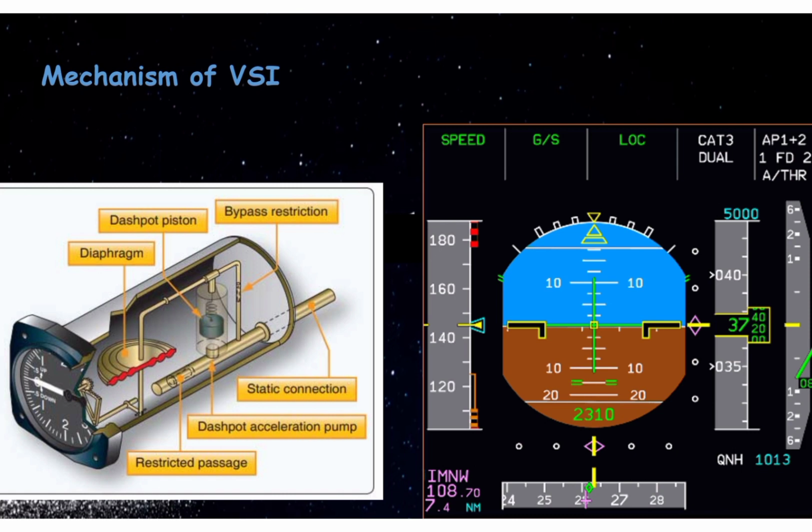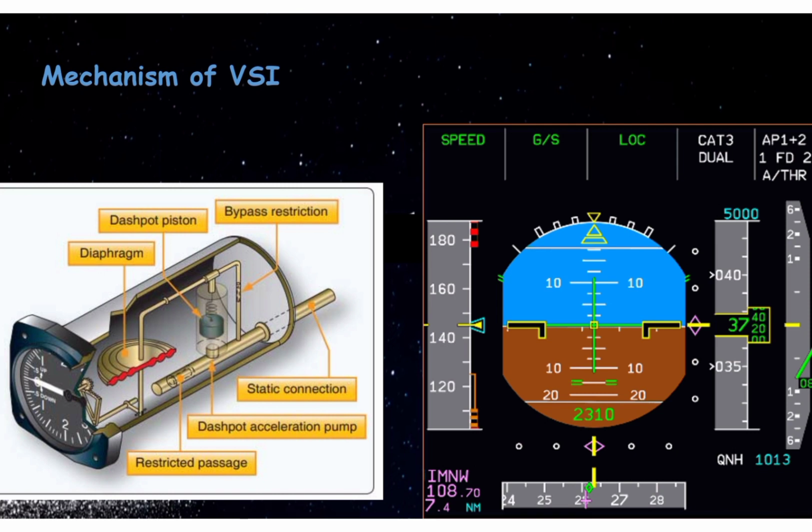It is a differential pressure instrument, and it contains a diaphragm with a connecting linkage, and gearing to the indicator pointer inside the airtight case. The inside of the diaphragm is connected directly to the static line of the pitot static system.